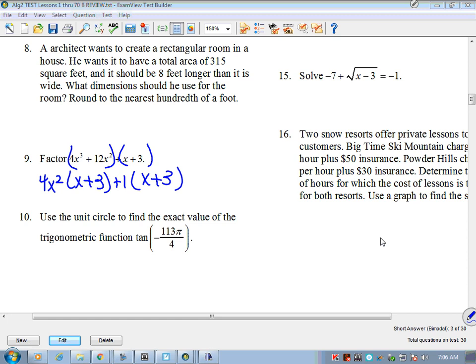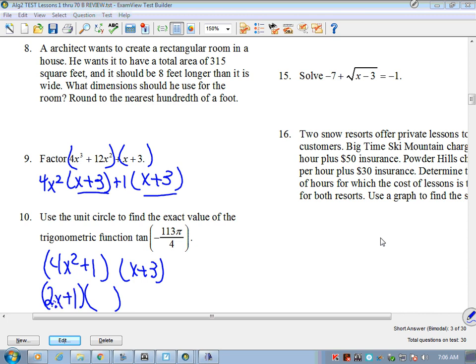Okay, if I multiply that 1 back in, I'm still going to get x plus 3. So my x plus 3 can come down, here and here. And then I've got 4x squared plus 1. 4x squared plus 1 will actually simplify to 2x plus 1, 2x minus 1, times x plus 3.